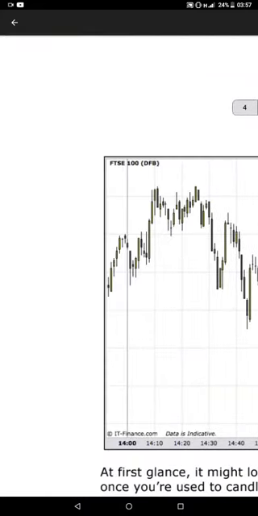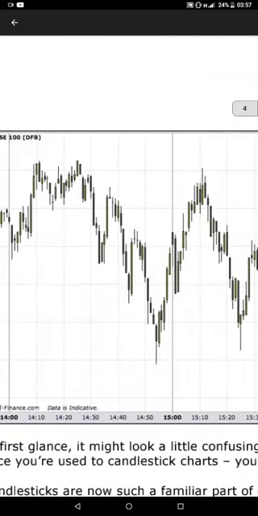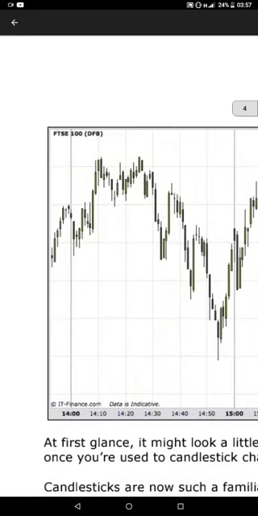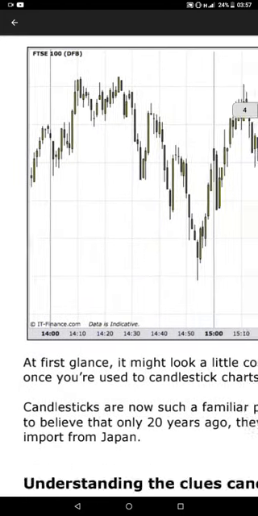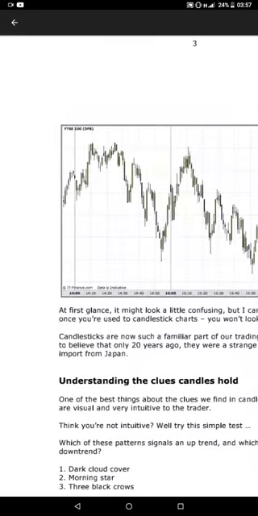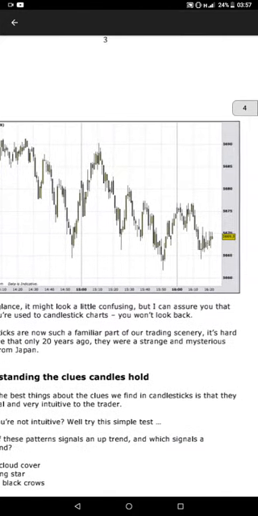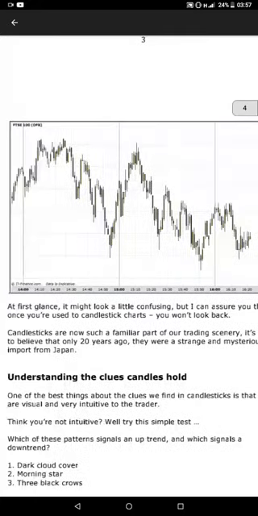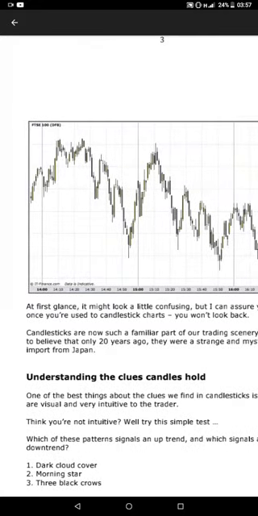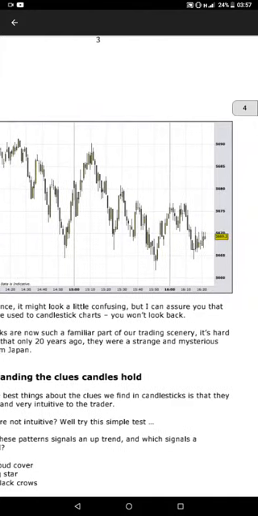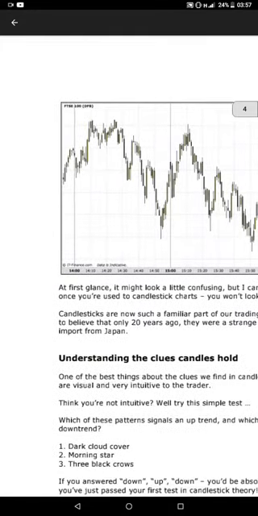This candlestick chart is the same as a line chart, but then, guys, at first glance it might look a little confusing, but I can assure you that once you get used to candlestick charts, I promise, guys, you won't look back.